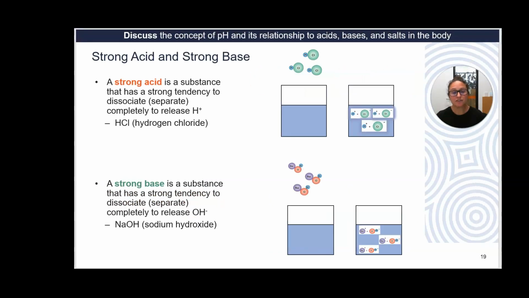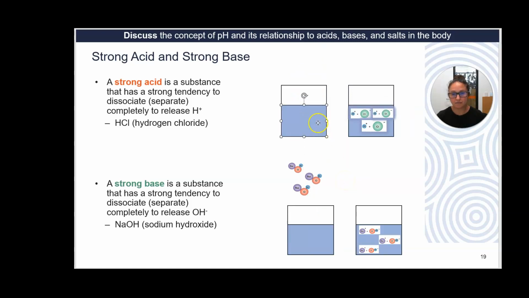Okay, so now that we know what an acid is and what a base is, now we can learn about what is a strong acid and what is a strong base. So, here we go. Here are my acid molecules. This is again hydrogen chloride. Now let's put them into our beaker with water in it.